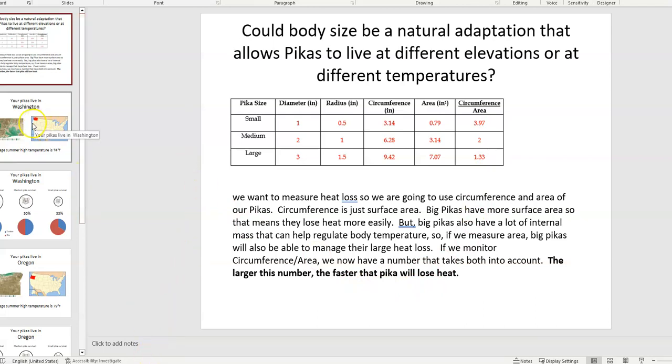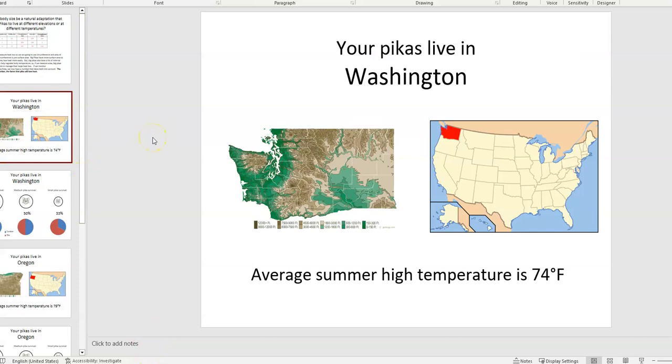Okay, so the rest of the data that you're going to use to answer your questions is the body size distribution in 3 locations. Each location has a different temperature. If you go up to Washington State, the average summer temperature is 74, and it turns out pikas usually do pretty well in cold weather. It's actually the warmer weather that's more difficult for them.